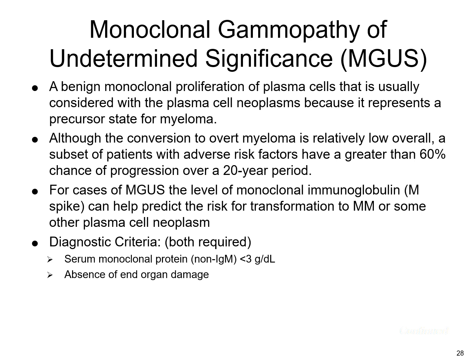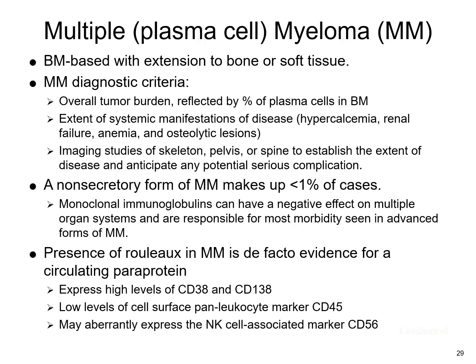So in order to make a diagnosis of this disease, the patient is required to present with a serum monoclonal protein with a non-IgM that is less than 3 grams per deciliter, or the absence of end organ damage.